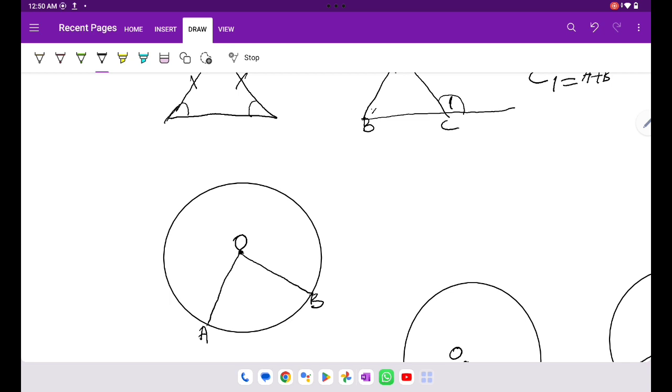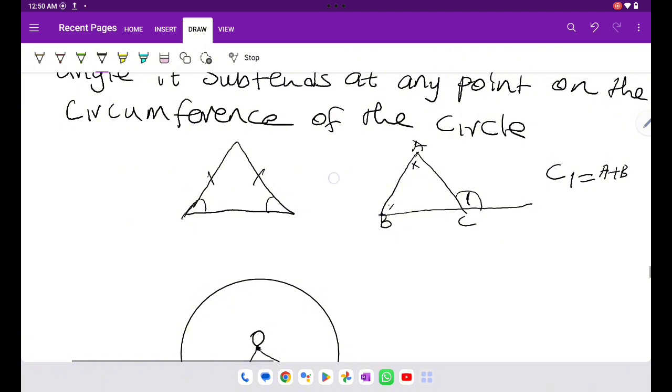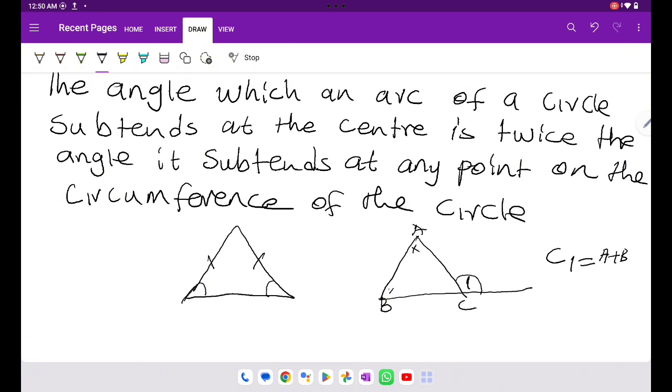Now, our theorem states that the angle which is subtended at the center, or carried or lifted at the center, we need to prove that that angle is twice, or double, the angle it subtends. Now, this "it" means the same arc.